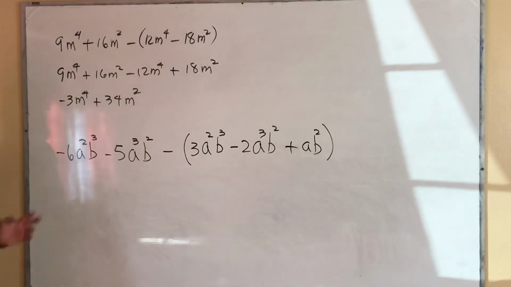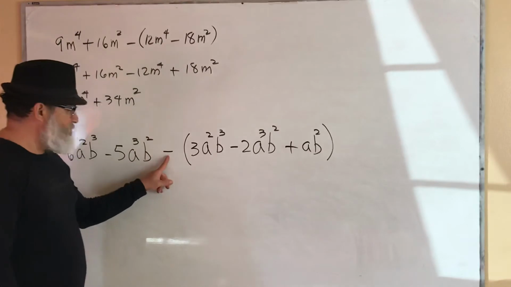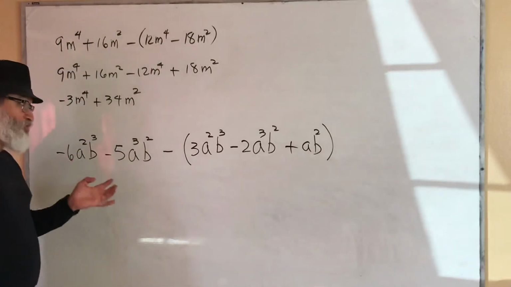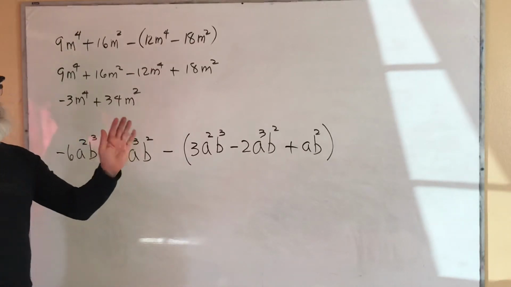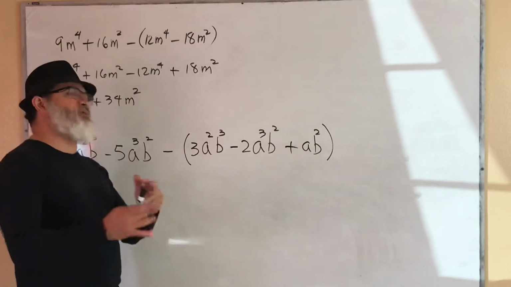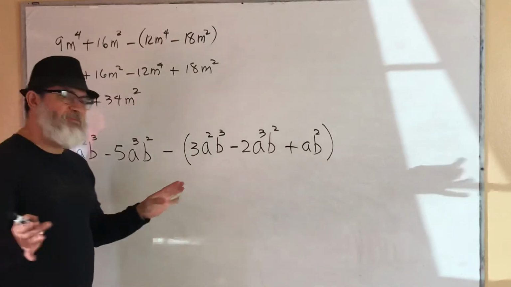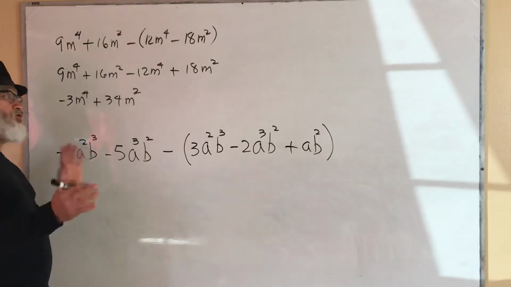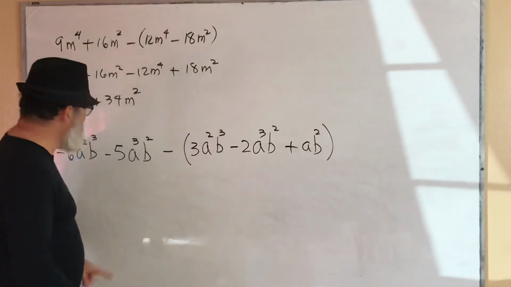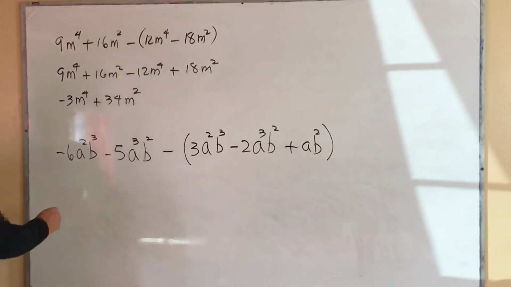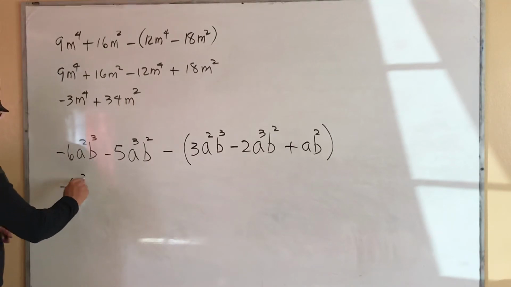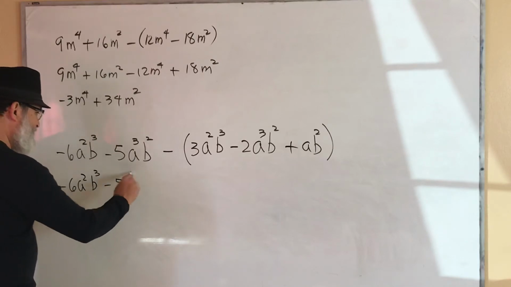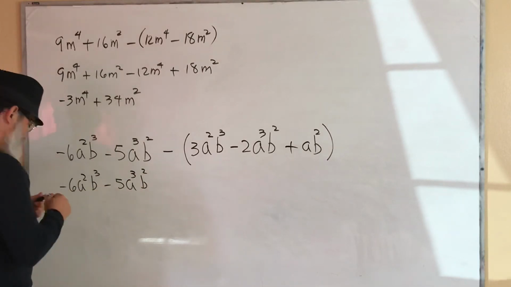All right, subtraction. Now we're subtracting polynomials that have more than one variable. No problem. To subtract, distribution, okay? So let me rewrite this. Negative 6a squared b cubed minus 5a cubed b squared.